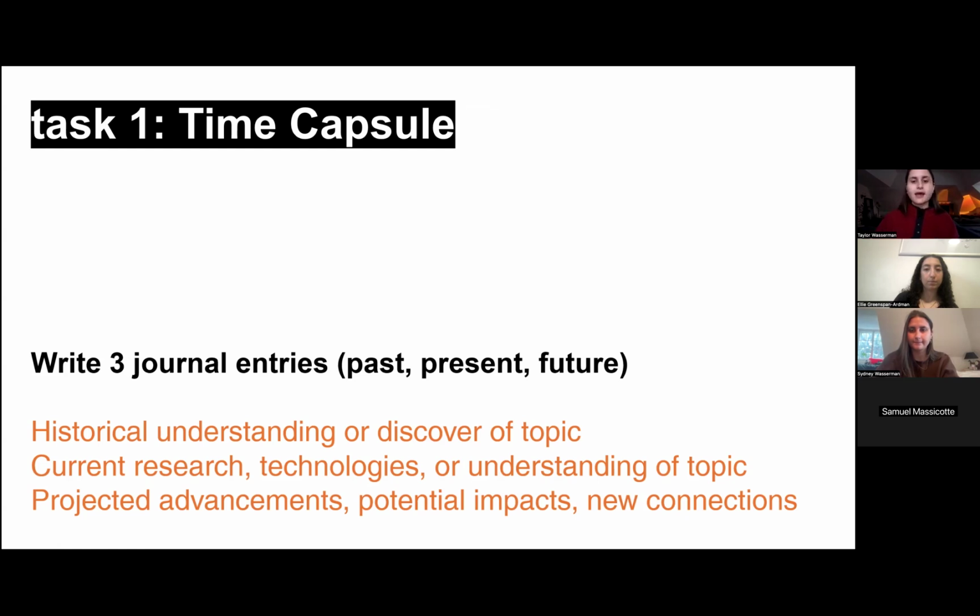And then in the future, the idea is to have almost a projected trajectory. So any type of advancement in the topic or the research, potential impacts, new connections that can be made. I think here it's important to look at existing trends and try to ground your predictions in the research.